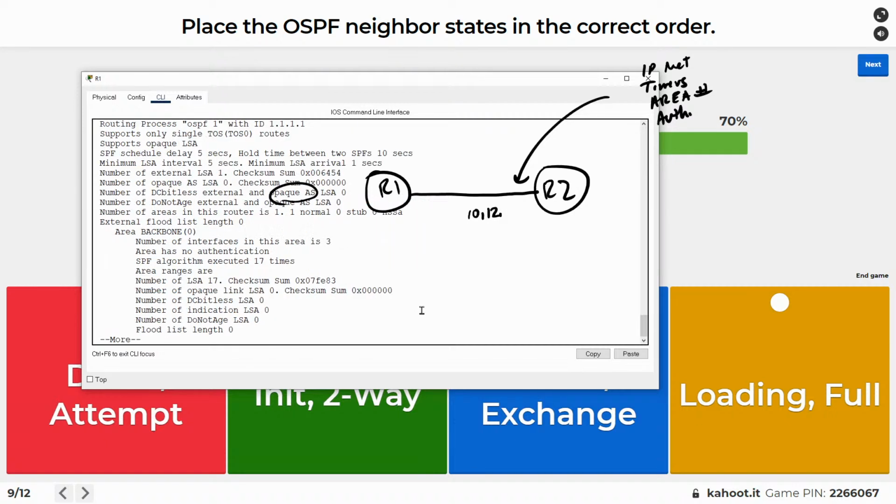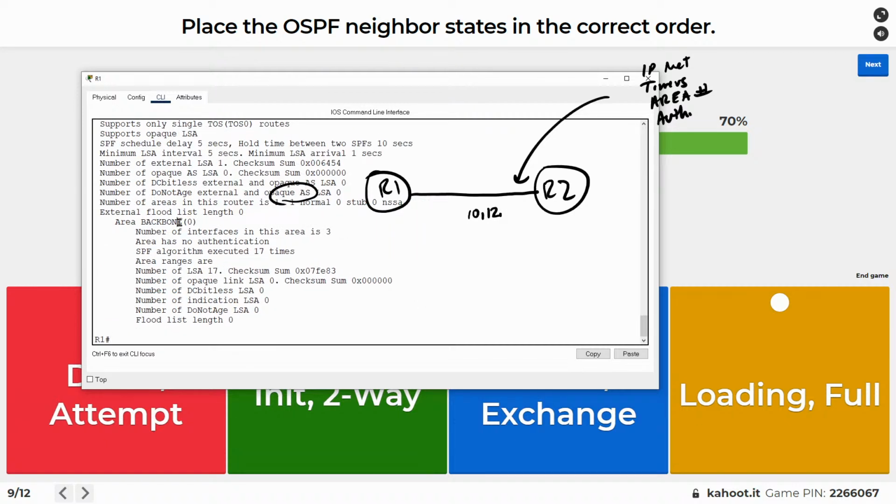Just show IP OSPF, that'll show us. And here it's showing us that for area 0, the backbone area, the area has no authentication. So they both need to agree on that. And if we were using authentication, whatever flavor we're using, we'd also have to supply appropriate passwords on both sides so they could accept each other's hello and become adjacent.